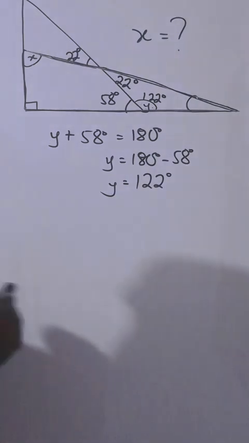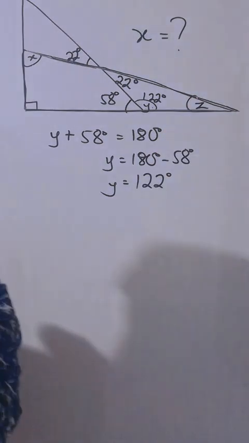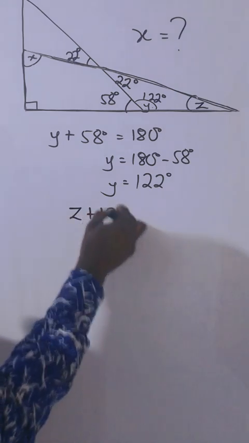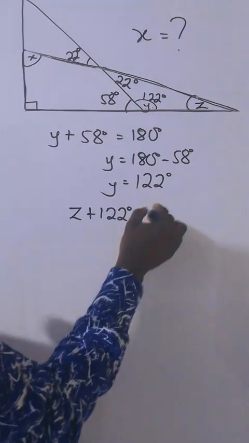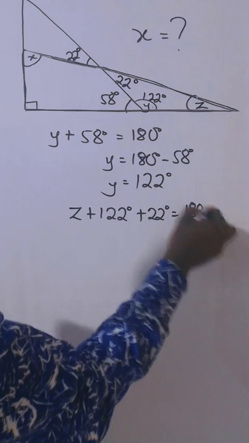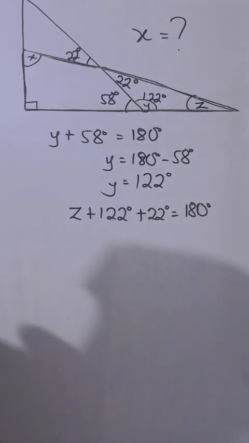So to solve for the angle here, I can put, let's say, z here. So you have z plus 122 degrees plus the 22 equals 180 degrees. That is the sum of angles in a triangle.